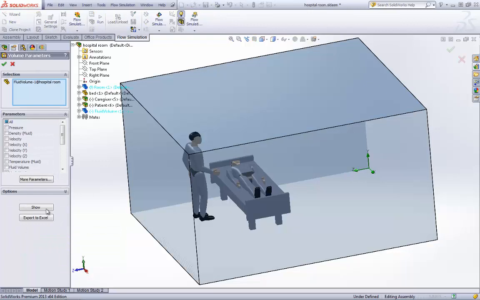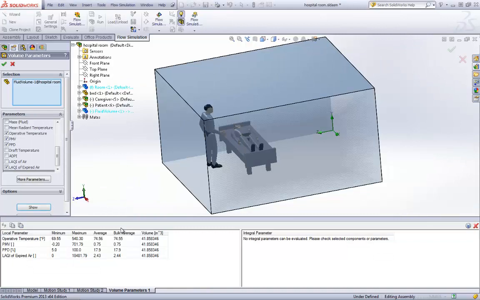If I take a look at that, we can export this to Excel as well, but we're looking at the operative temperature, which is the average temperature of the room, the predicted mean vote, as well as the predicted percentage dissatisfied, as well as the local air quality index of the expired air. So if I show that, it takes a couple seconds to come up. Okay, so we see here that we get a minimum, maximum, and average for each one of these.